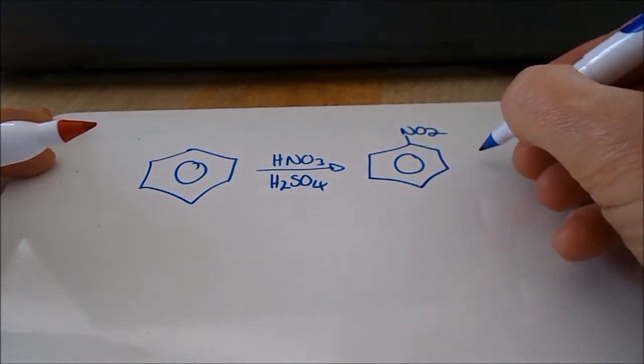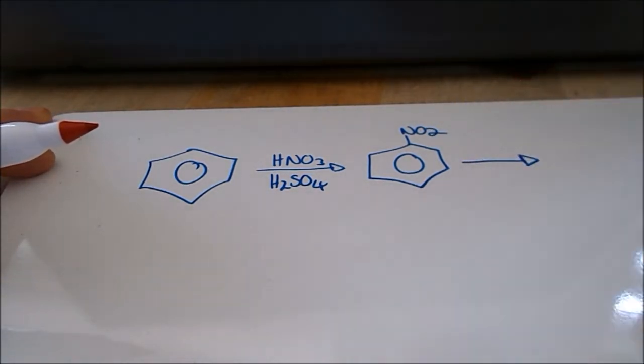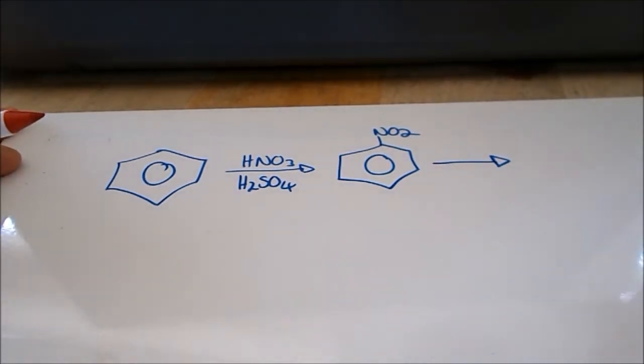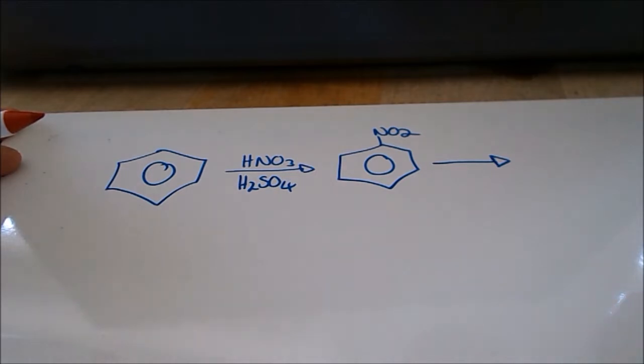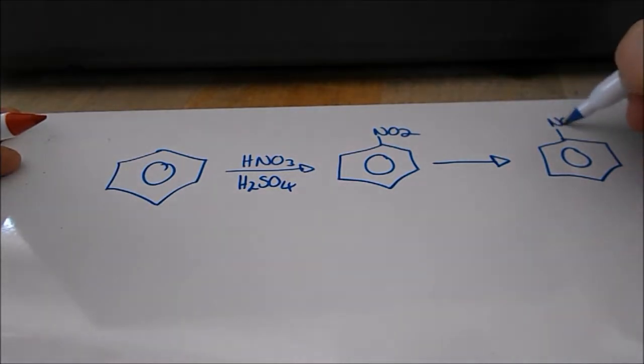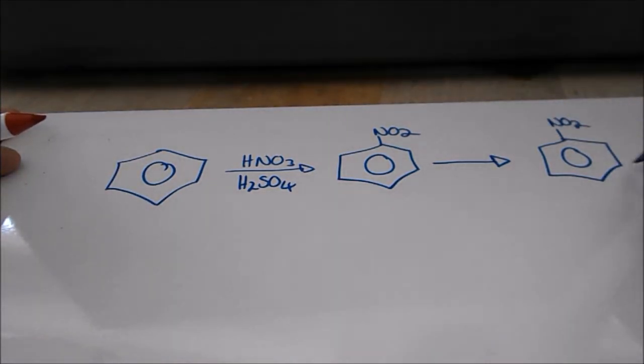And then if we increase the temperature, we can actually cause further NO2 groups to be added. But these don't just add anywhere, they only add in a particular position. So the NO2 group has to add in this position here.